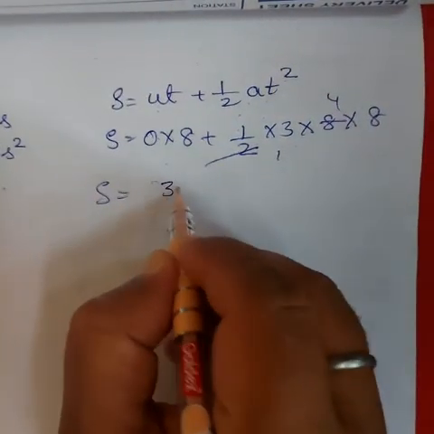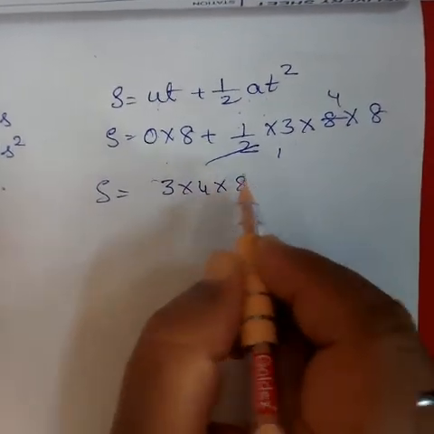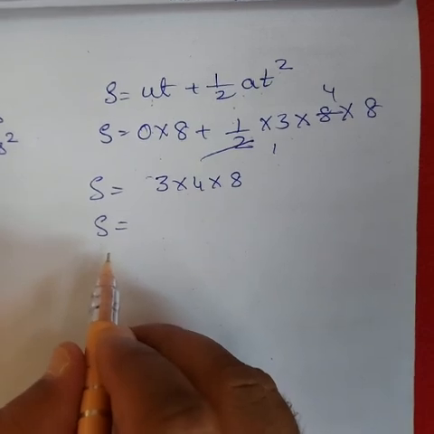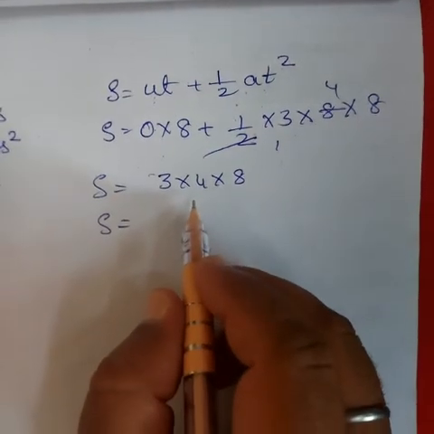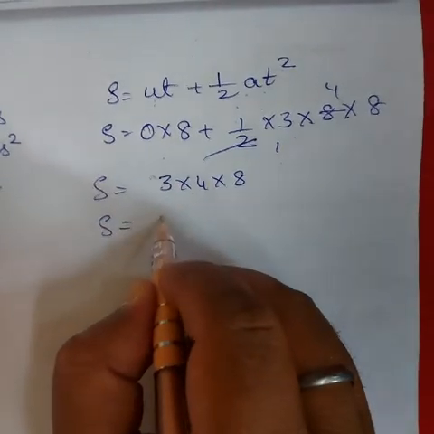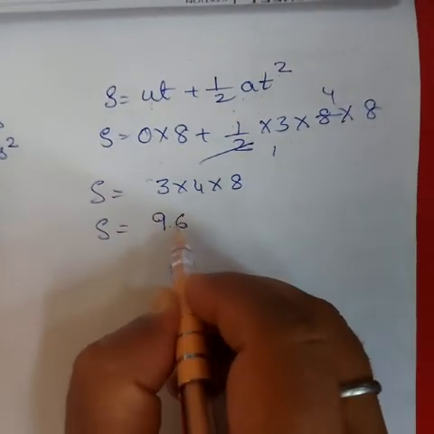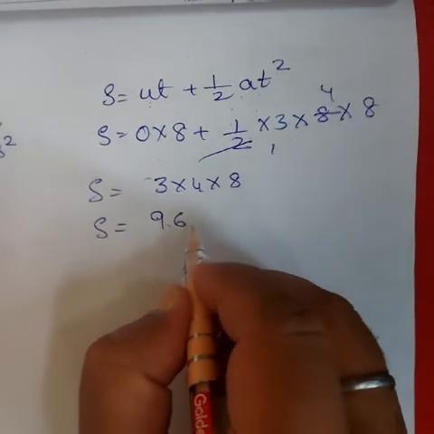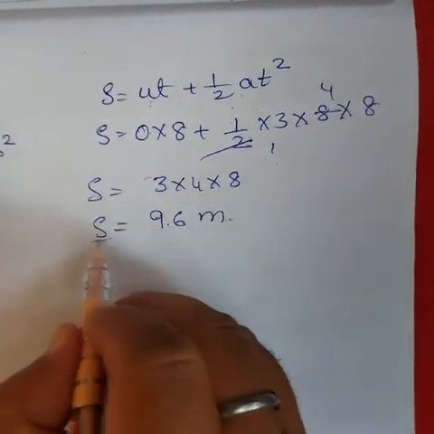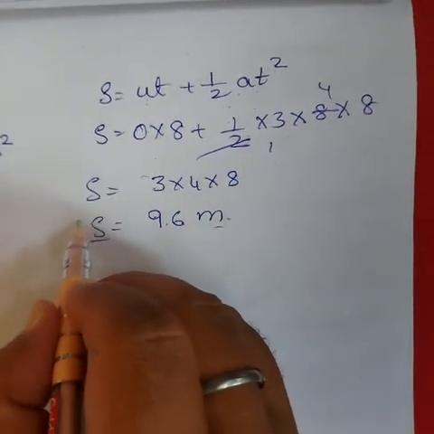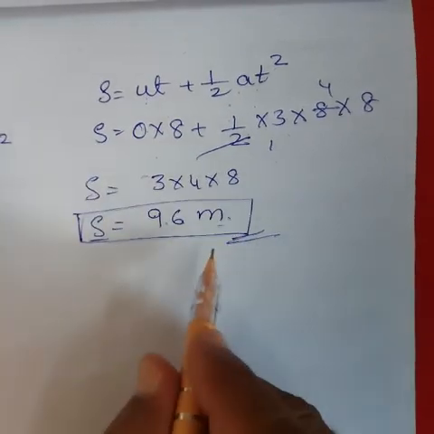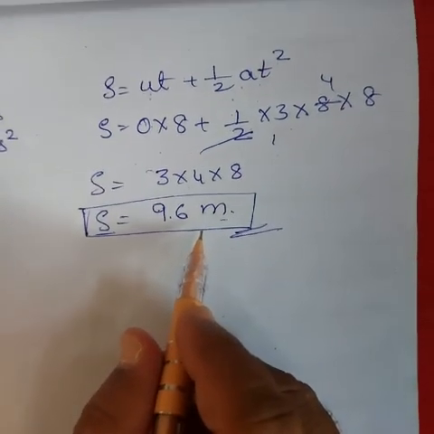What remains is 3 multiplied by 4 into 8. S is equal to 4 3s are 12, 12 8s are 96 meter. The SI unit of distance is meter. This is the solution of that exercise question.